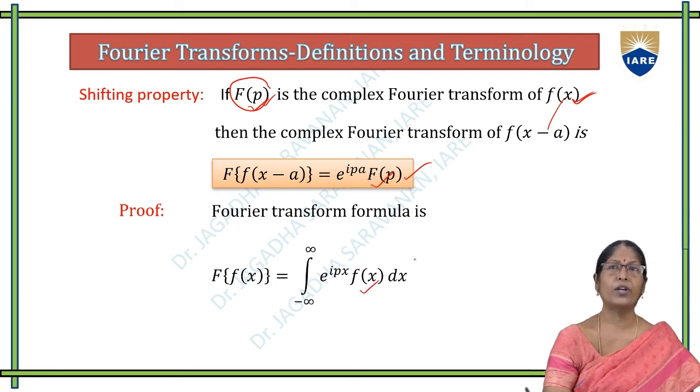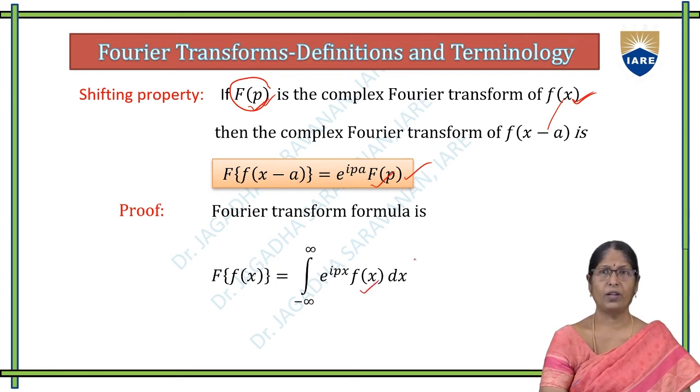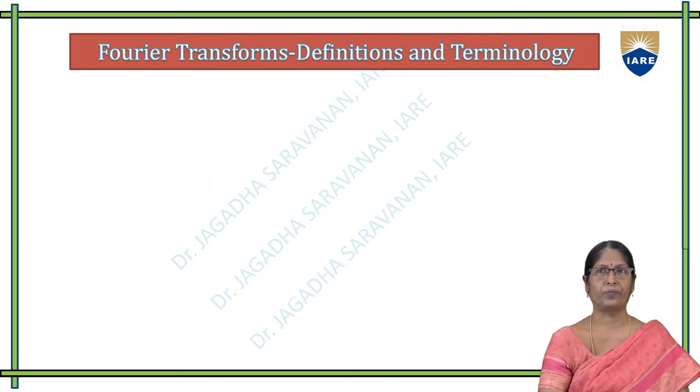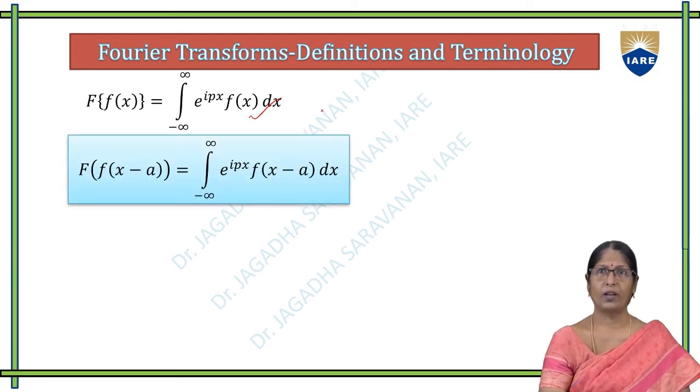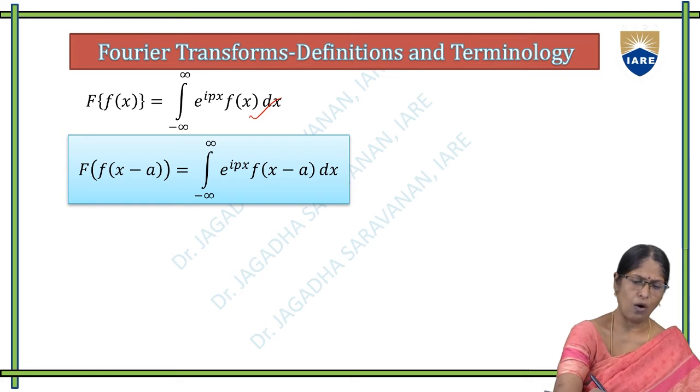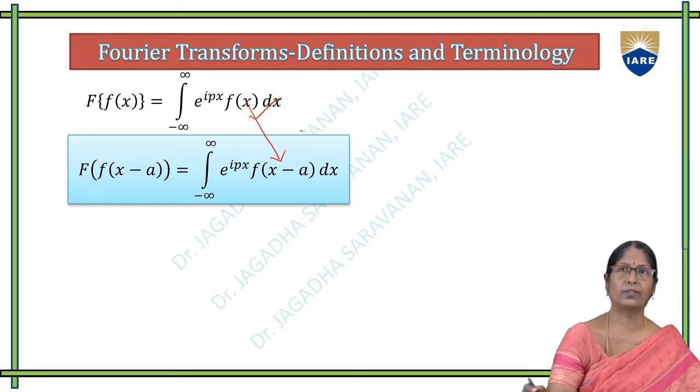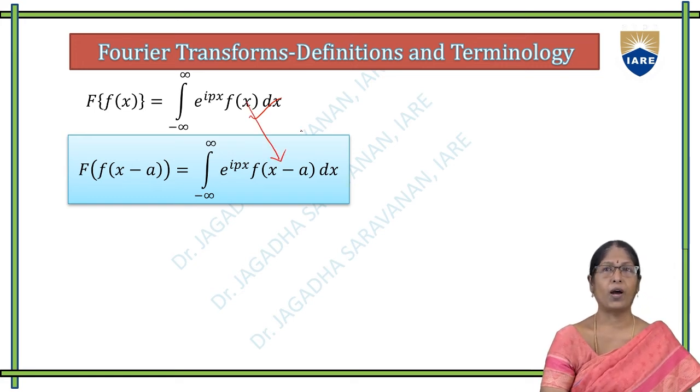This is our Fourier transform formula, which we know very well: integral from minus infinity to infinity of e power ipx into f of x dx. Now our function is f of x minus a.